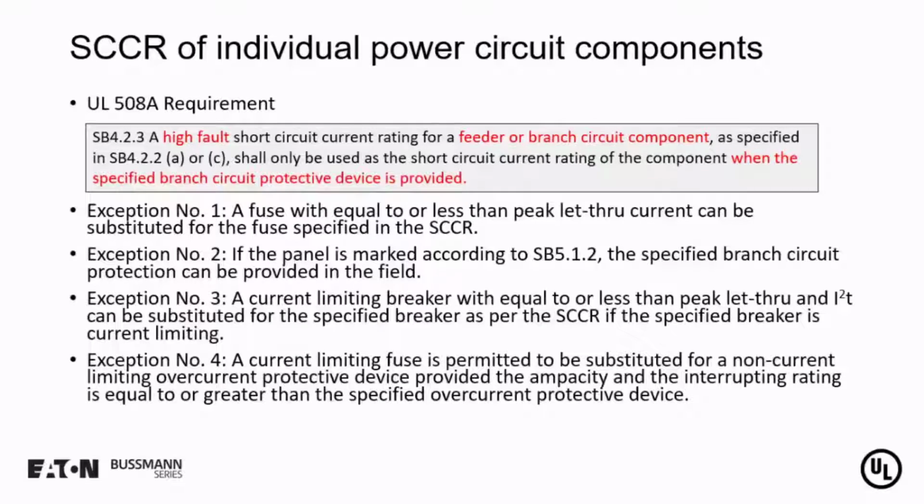Well, thank you, Dan. We're going to talk about the short circuit current of individual power circuit components. And you can see that there is a basic requirement that a product, when it has a short circuit current rating, for example, a standard fault rating, is supported by a specific protective device.